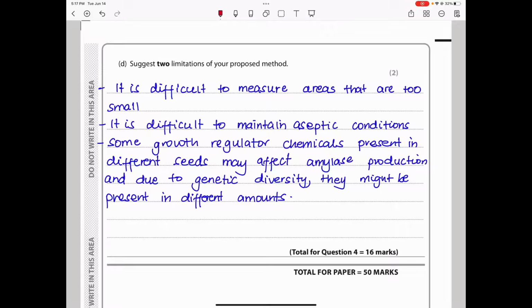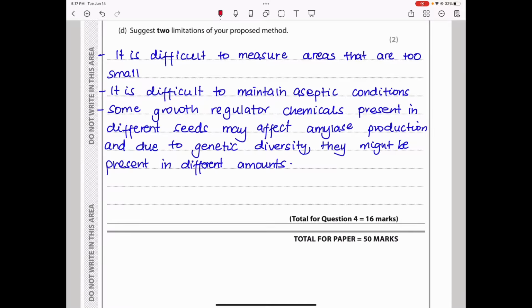Those genetic differences in genes could lead to different seeds having different productions of amylase, and that can lead to different amounts of digestion of the starch agar, meaning our results are going to not be valid or representative enough due to the differences within the seeds that we have used. This brings us to the end of question 4 as well as the end of this paper.